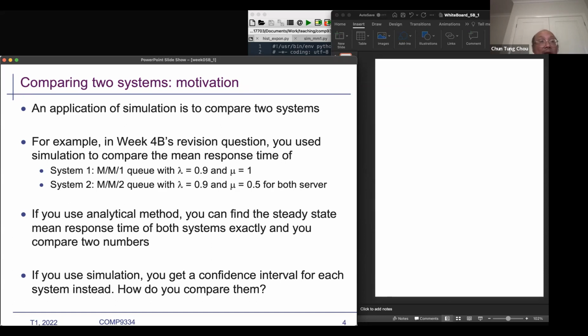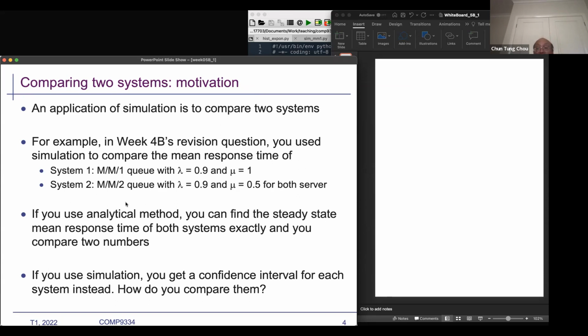Okay. Now, that is the question that we were looking at earlier on the previous page, comparing an MM1 system against an MM2 system. Now, you're quite used to comparing a single number, okay? It's because, say, for the MM1Q, you can compute what the mean response time is.